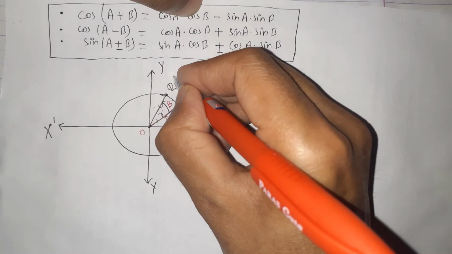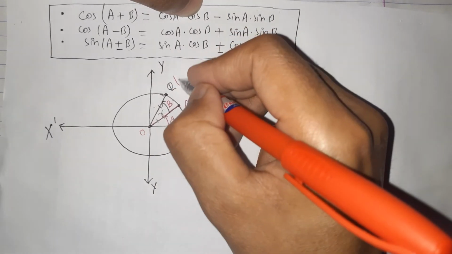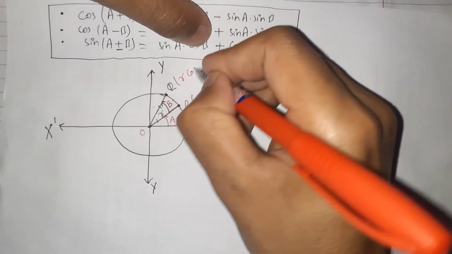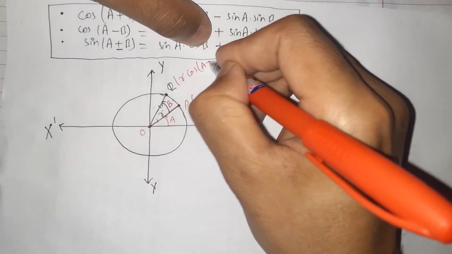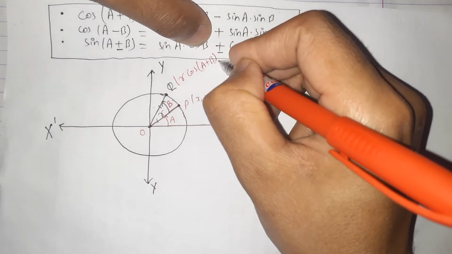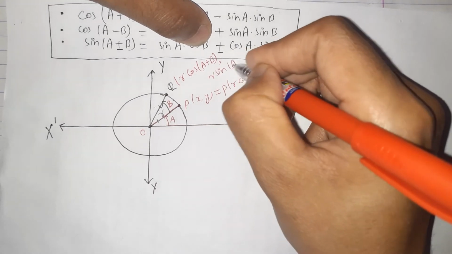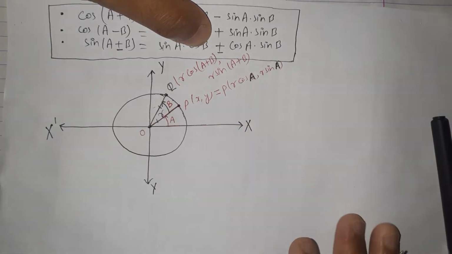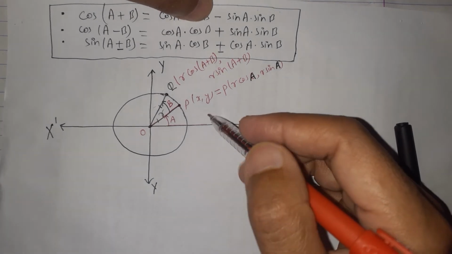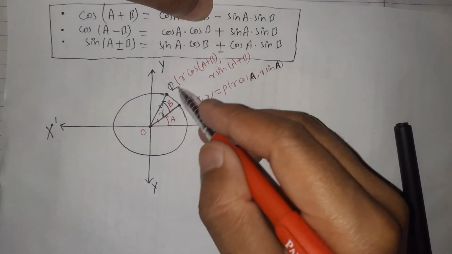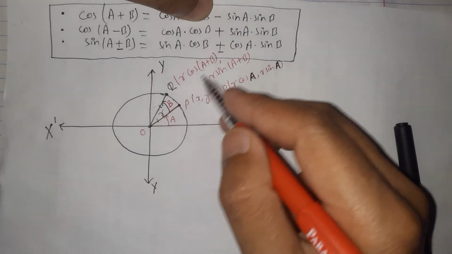So its corresponding polar coordinates will be r cosine of the angle, the angle here is A plus B with the positive x-axis, comma, r sine of that angle A plus B. Here we just write the coordinate of the point Q in the polar form.